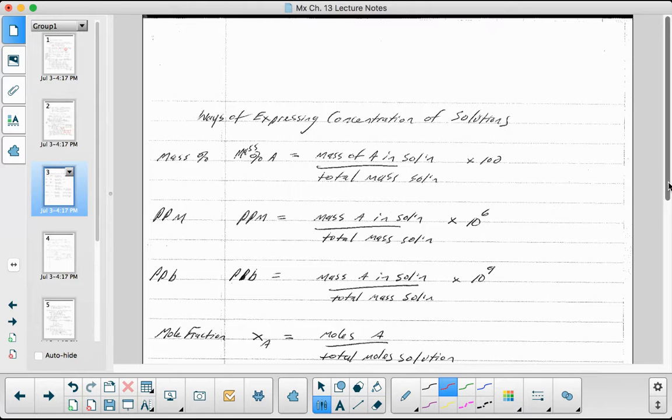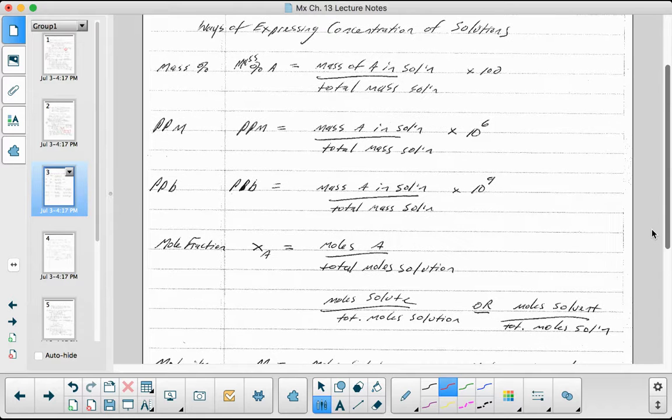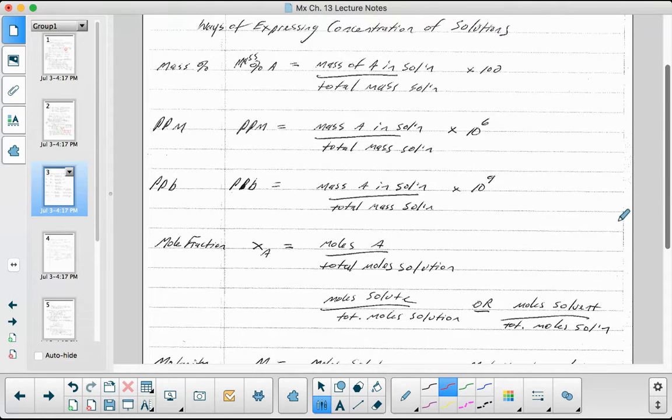Then when we talk about solutions, we need to talk about how to quantify them. How do we express the concentration of solutions? There are a number of different ways. One is mass percent, defined as the mass of A, one of your solutes, over the total mass of the solution times 100.